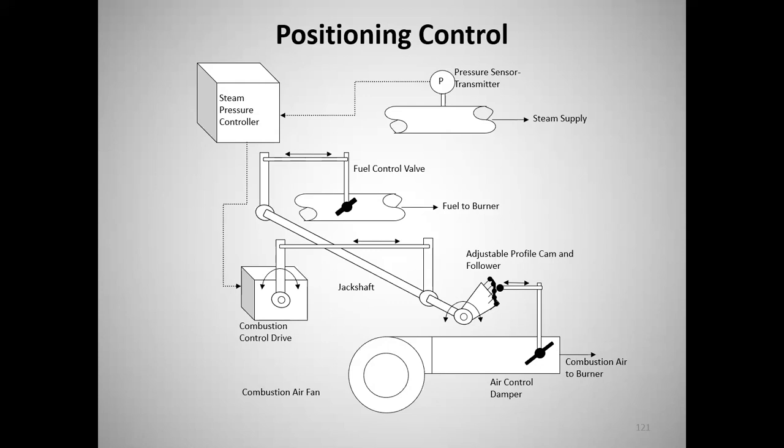Now, we'll probably talk a little more about fans at different parts of the course, but a fan is basically a constant volume device. It sits there and runs at a given speed, and it's going to want to push the same CFM, cubic feet per minute, of flow rate. Well, in the wintertime, that air getting into that fan is probably colder.